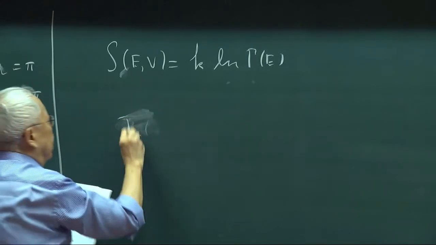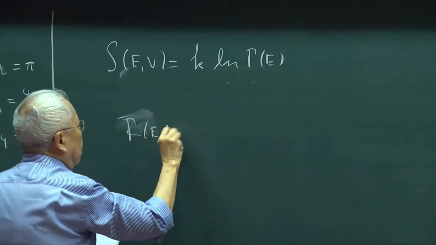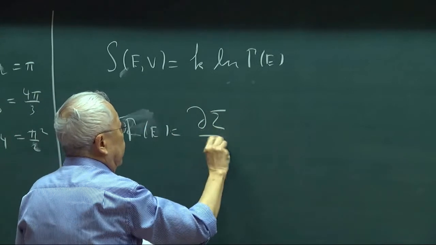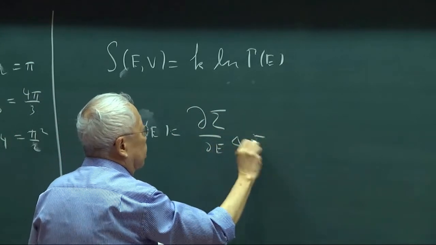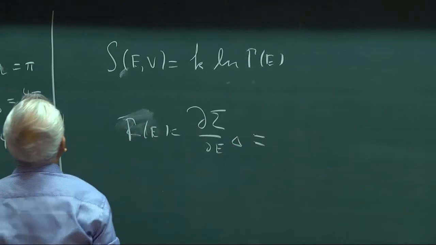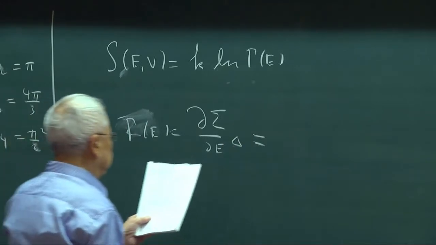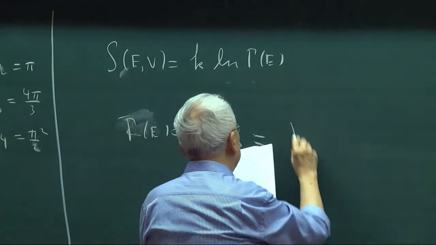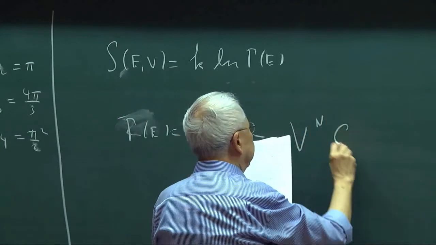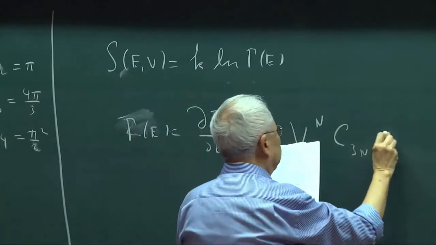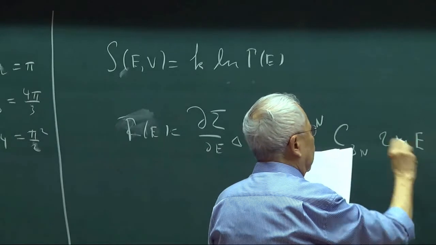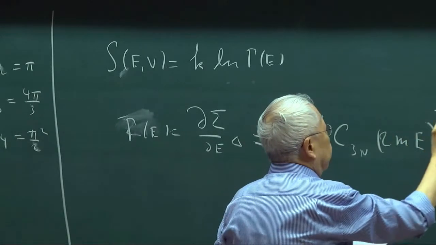So gamma of E is equal to dsigma/dE times delta. If I just differentiate the result I got up there, I get V to the N power times C of 3N times (2mE) to the 3N over 2.